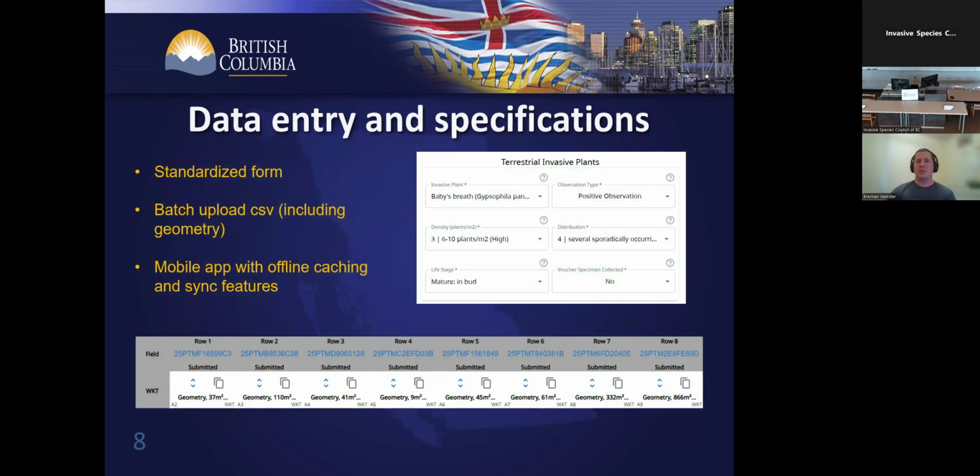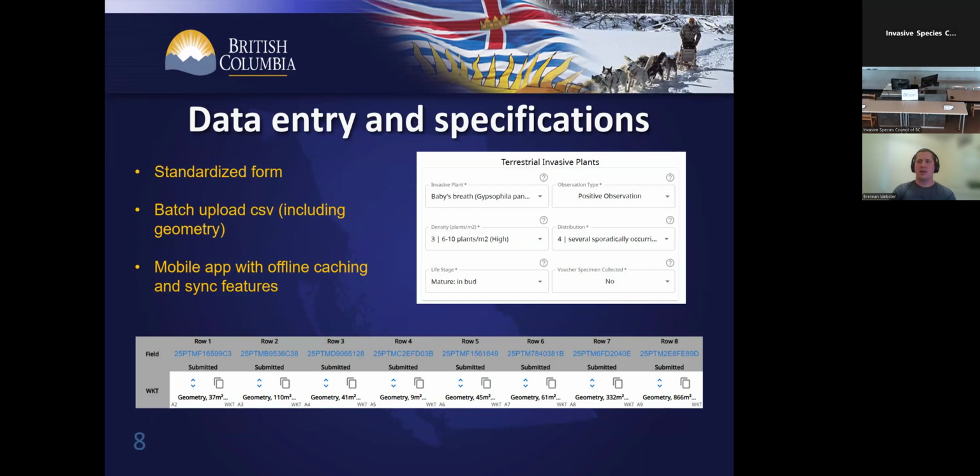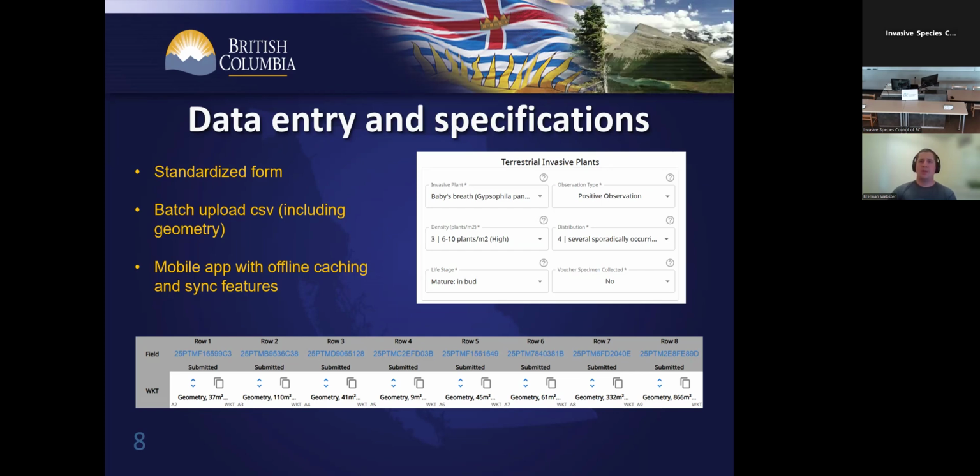So like I said before, the data specifications are very similar. One change we made is you can make positive or negative observations. Positive just means you found the plant. Negative means you didn't. Another big add-on to this was the mobile app, which has offline record creation and the ability to cache records and cache base maps so you can use it in the field.